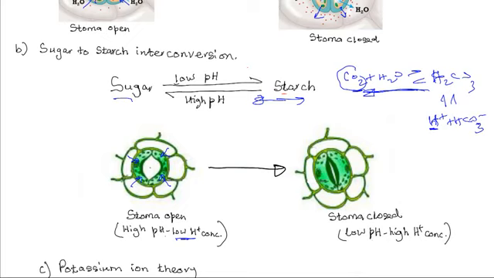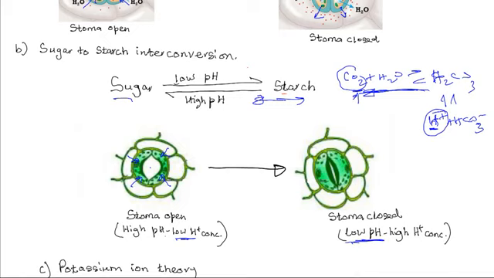At night, the reverse of this process takes place. There is no photosynthesis, but the plant's tissues carry out respiration. Respiration releases CO2. Accumulation of CO2 leads to an accumulation of hydrogen ions, and this lowers the pH.